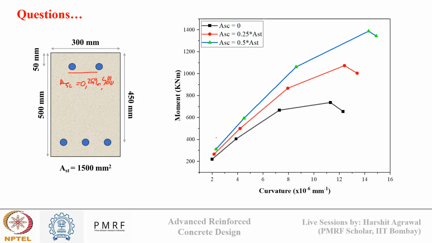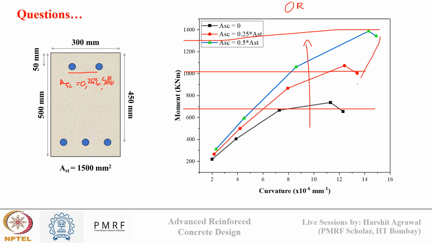So what is happening here: as we increase the area of steel on the compression side for an over-reinforced section, the total moment of resistance capacity is also increasing, and the curvature of the section is also increasing. In axial compression, what we saw was the moment of resistance capacity increasing and the curvature decreasing.